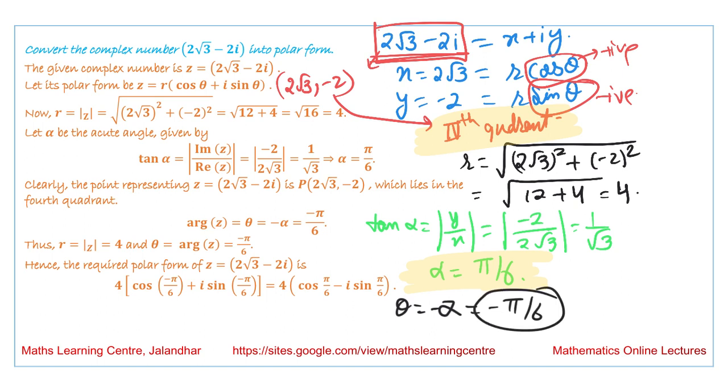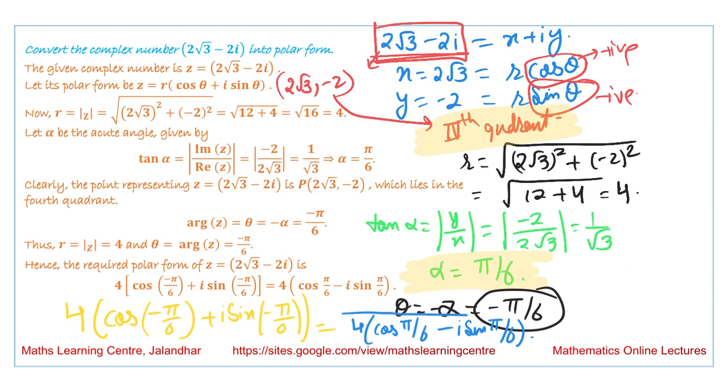So the polar form of this number will be r, which is 4, into cos of minus pi by 6 plus iota sine of minus pi by 6. This is equal to 4 times cos pi by 6 minus iota sine pi by 6. So this is our final answer. This is the polar form of this number.